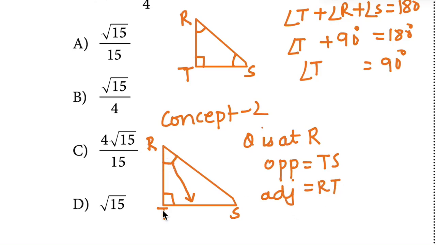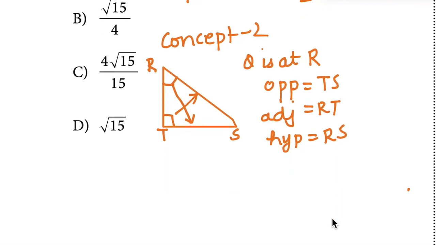This is the theta, so this RT is touching it. And hypotenuse is the side which is opposite to 90 degrees. That never changes. So in that case, hypotenuse is RS.